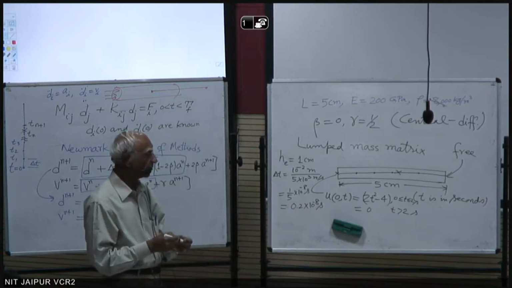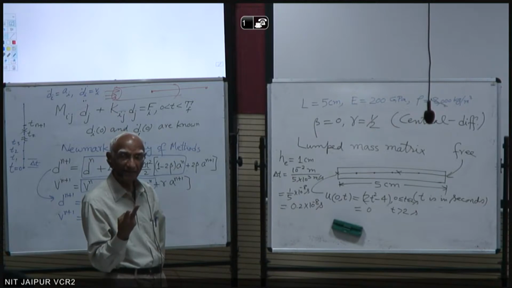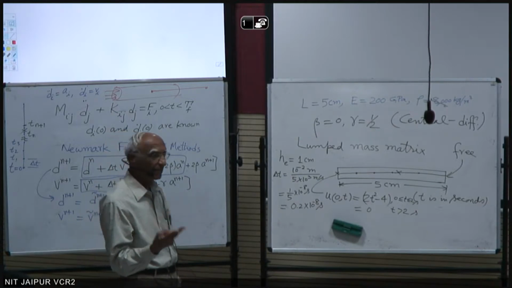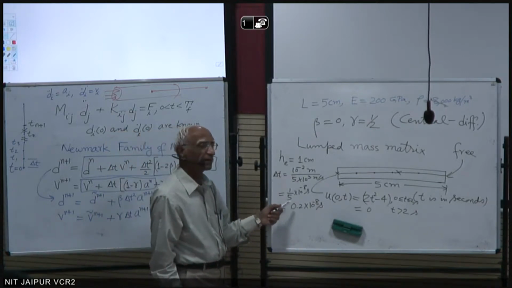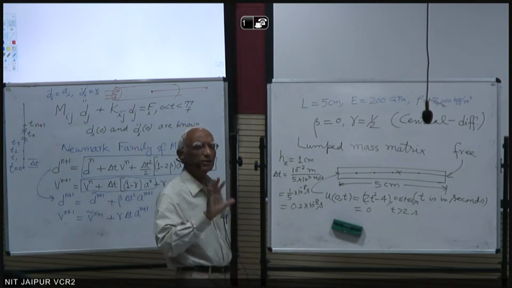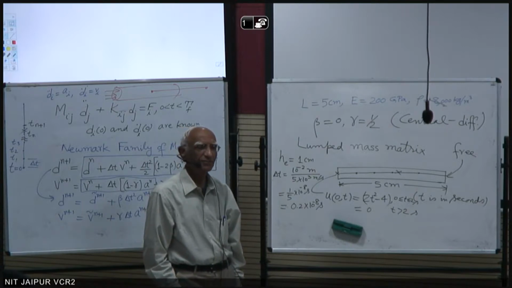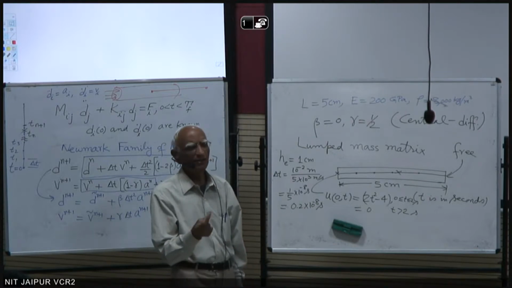So if you want to compute the solution up to 2 seconds, you will need something like 10 to the power 9 time steps. But you will see, it will run like this.